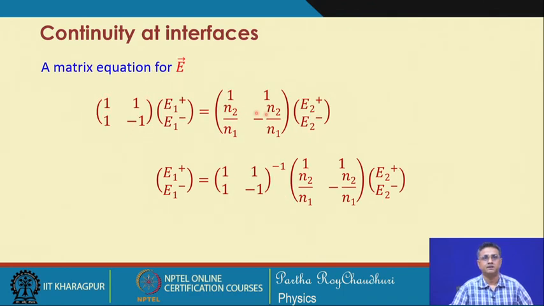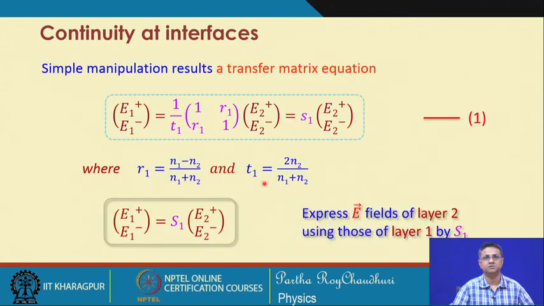Therefore, this matrix equation can be rearranged in this way to represent the electric fields of the first layer in terms of the second layer. If we put together these two matrices, then we can write E1 plus, E1 minus is equal to this coefficient matrix into the electric fields of the second layer.